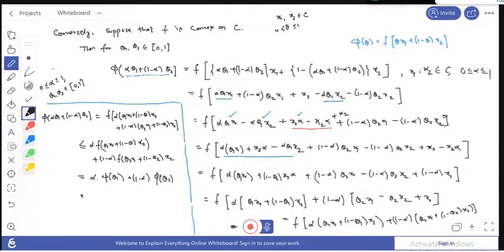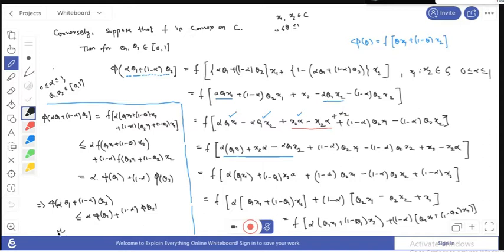So this means you can prove that phi of alpha theta 1 plus 1 minus alpha theta 2 is less than or equal to alpha phi of theta 1 plus 1 minus alpha phi of theta 2. This means this phi is convex.